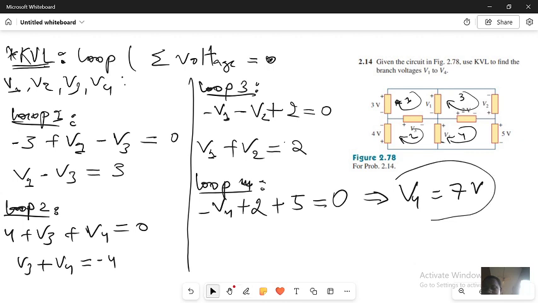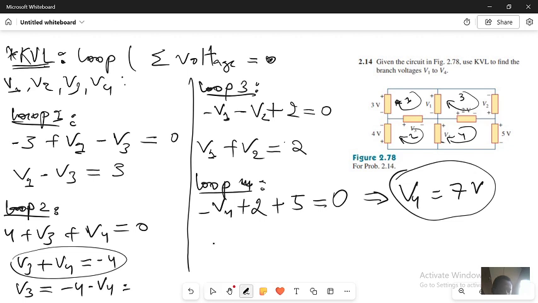Now I already found V4, so I have to find the others. I don't have V1, I don't have V2 here. Here I can calculate V3. I will have V3 equal minus 4 minus V4, so minus 4 minus 7 is going to be minus 11 volts. So V3 I calculated is minus 11, V3 equals minus 11 volts.